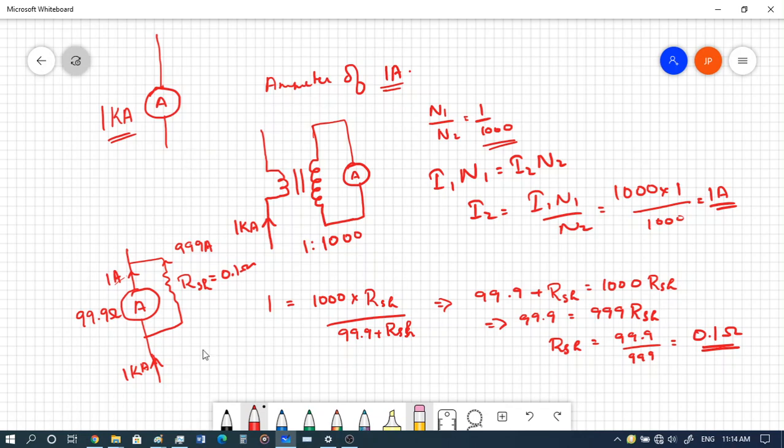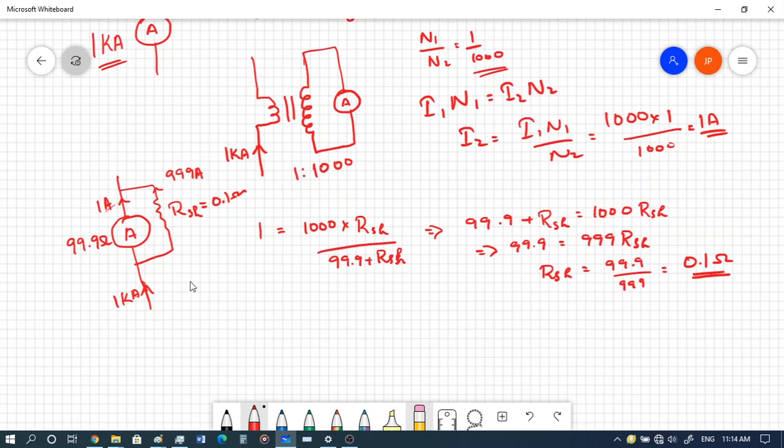So the power consumed can be written as P is equal to V into I. Now the voltage over here is 1 ampere. Since these are parallel circuits, the voltage across any of the branch would be sufficient.